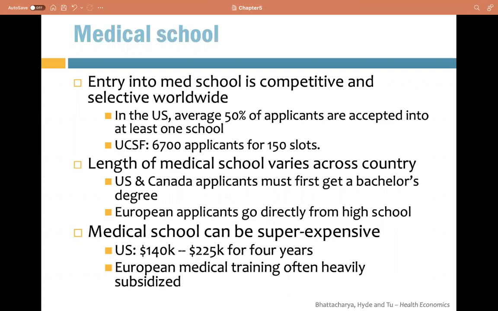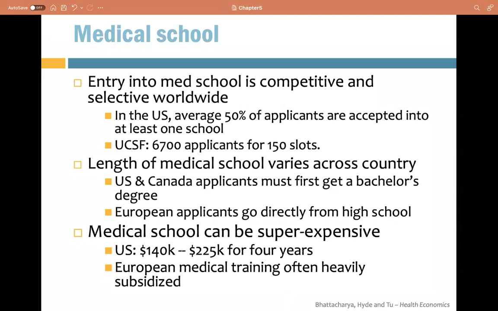Medical schools are usually super expensive. This number is from a few years ago: it costs on average $140K to $225K for 4 years of medical school. In Europe, medical training is often heavily subsidized.